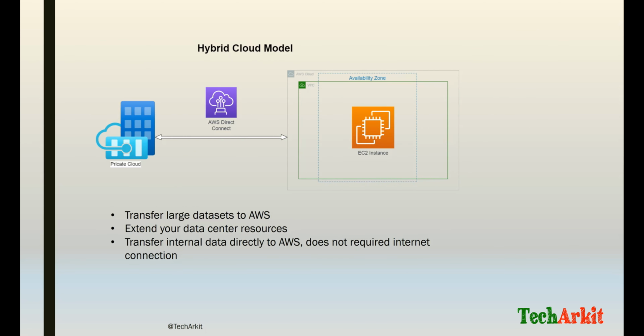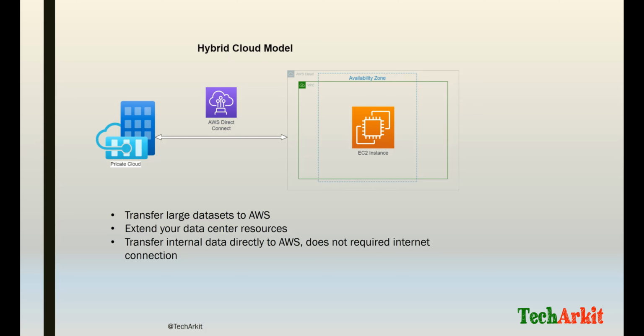So let's see how the hybrid cloud model is connected using AWS Direct Connect here. You have a private cloud, which is your on-premises data center, and AWS Direct Connect has a direct link to your AWS cloud, which is a 10G line. You have the VPC and availability zone, and you might have resources inside the VPC, right?